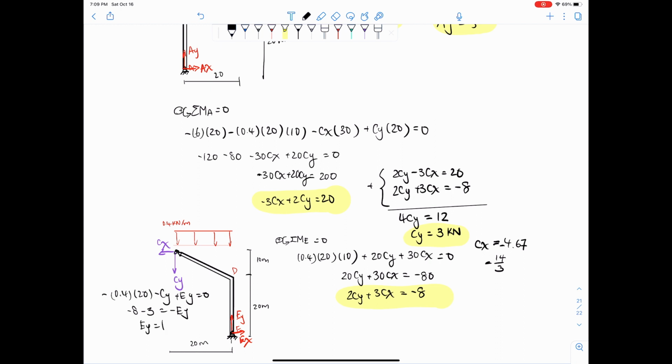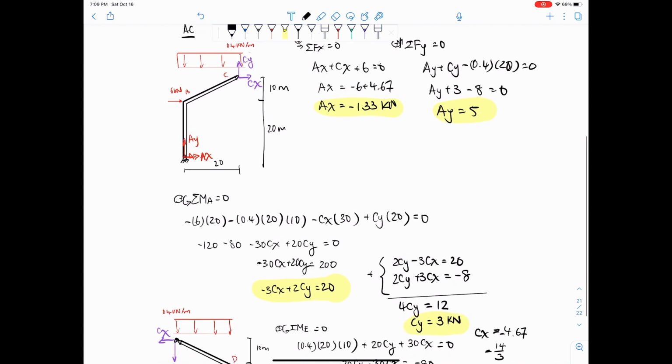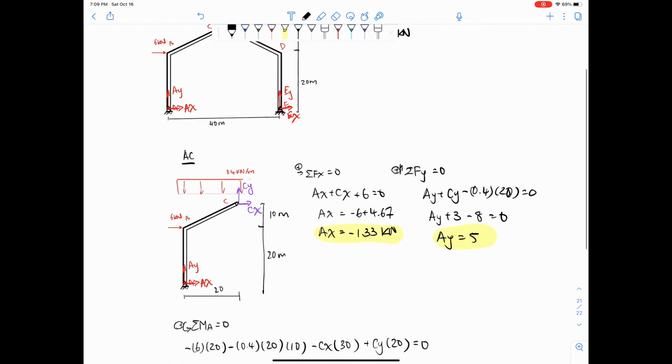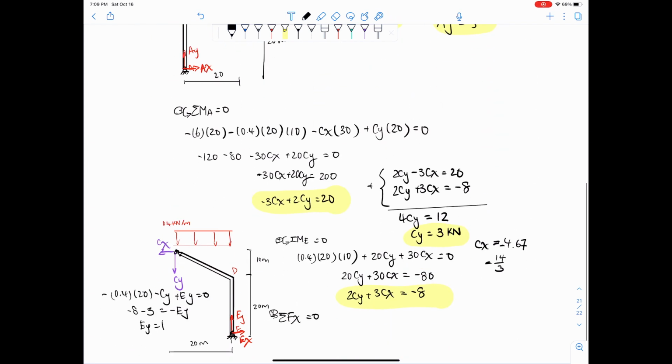And then finally, sum of forces in the x direction. There's not much work to be done here, but what did we find cx as? Cx equals negative 4.67. So ex would just also equal negative 4.67.